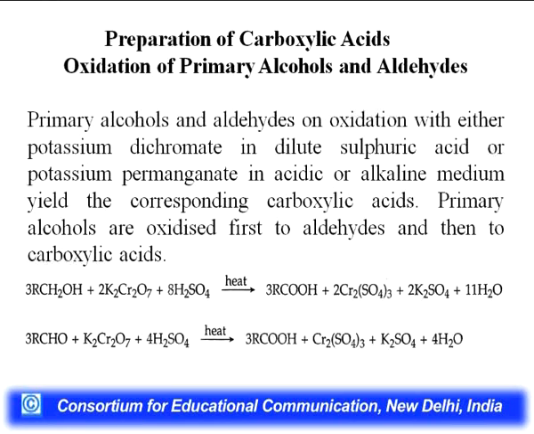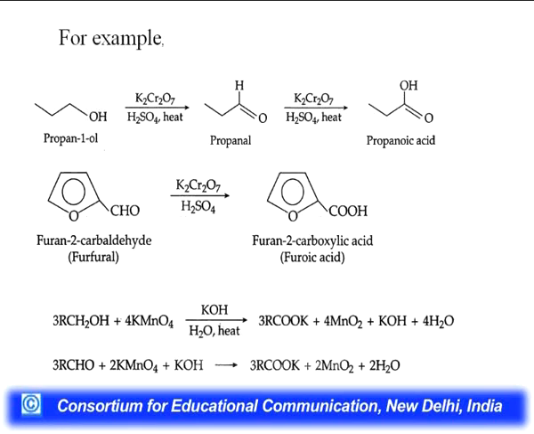You can see how primary alcohols react with potassium dichromate and sulfuric acid to give aldehydes, and the aldehyde also gives the carboxylic acid. These are the other examples.